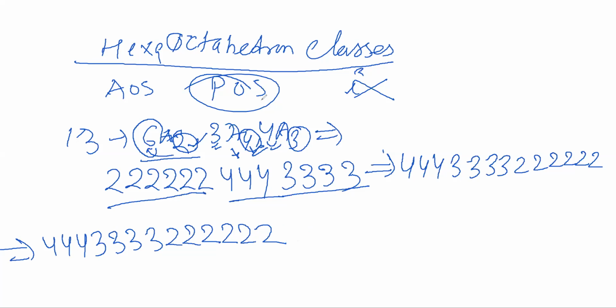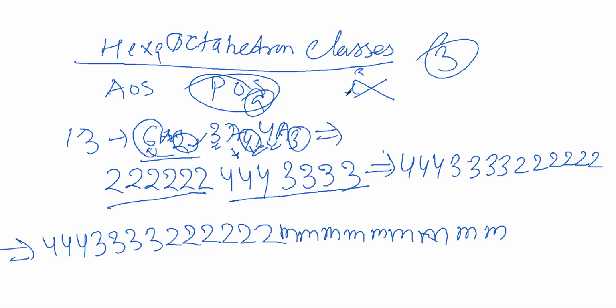How many mirror planes are there? 9 mirror planes. So M, how many times? 9 times. 3, 4, 5, 6, 7, 8 and 9. As I discussed, they are 3 digit.